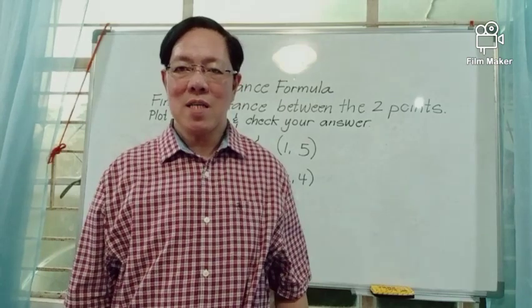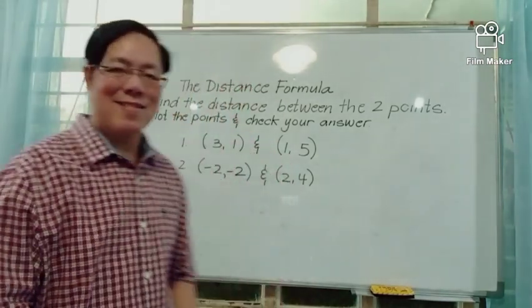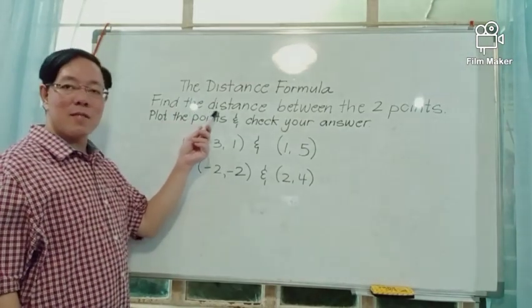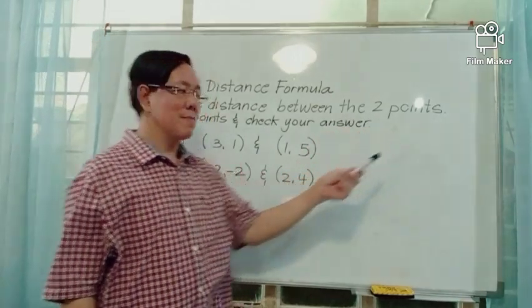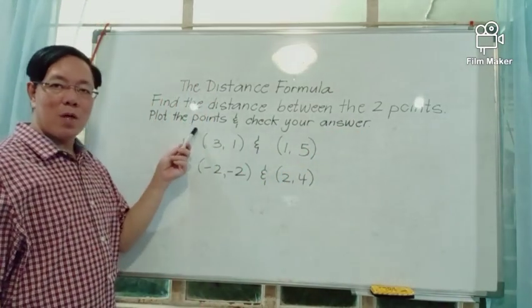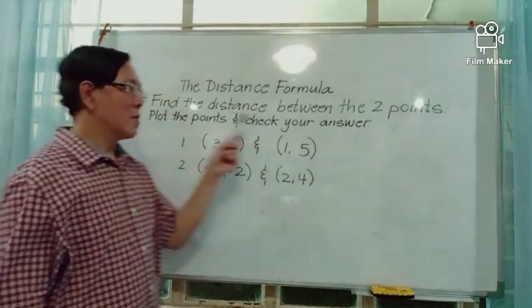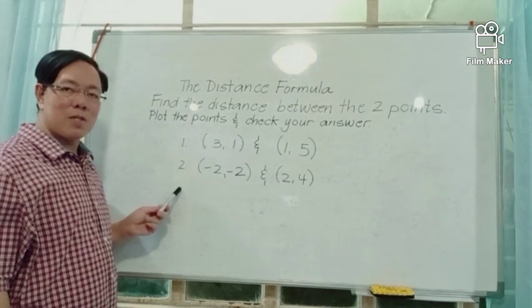For your practice, you may want to try the following exercises. Find the distance between the 2 points. Plot the points and check your answer. You will do this for each of these two numbers.